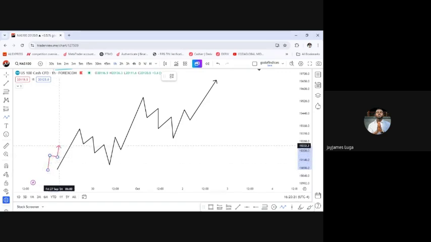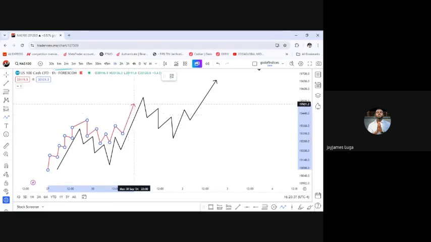If price moved in a straight line, it would be so easy to trade the marketplace, right? So this is how price moves, creating a series of higher highs and higher lows. Sometimes it might impulse in one direction, but it moves like this. Do we understand?